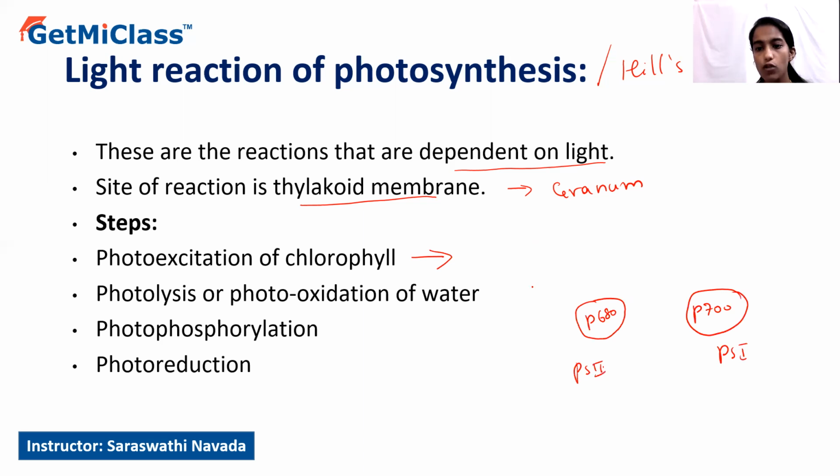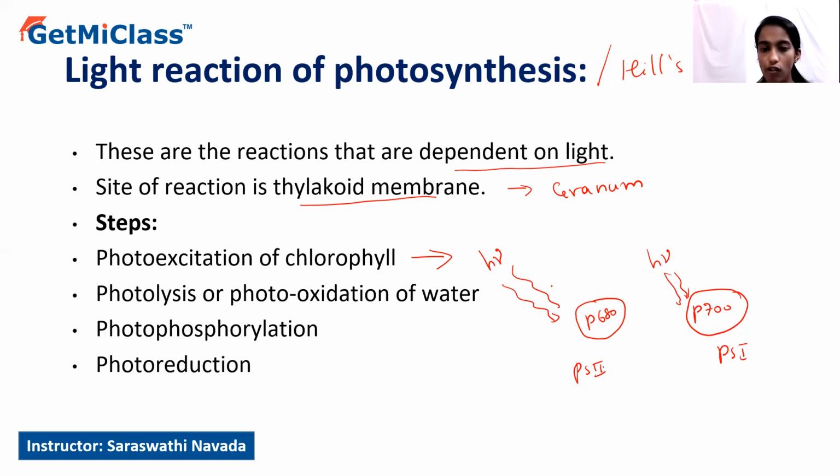When light energy falls on this photosystem, where hν refers to the incident radiant energy or light energy, the photosystem, which is composed of chlorophyll molecules associated with electrons, absorbs it.